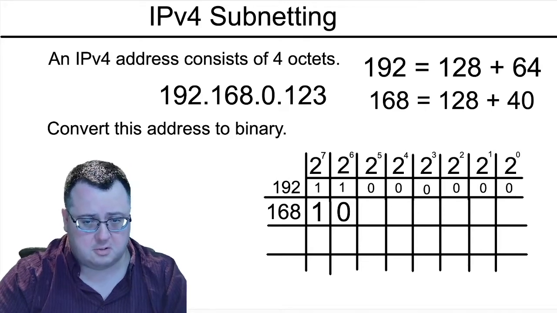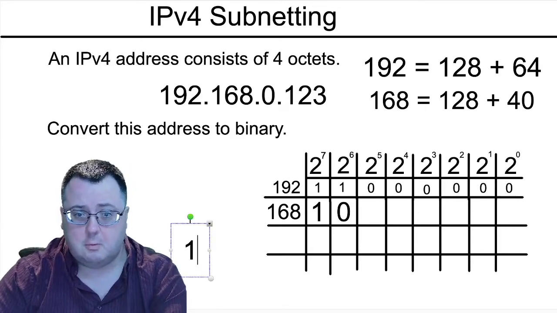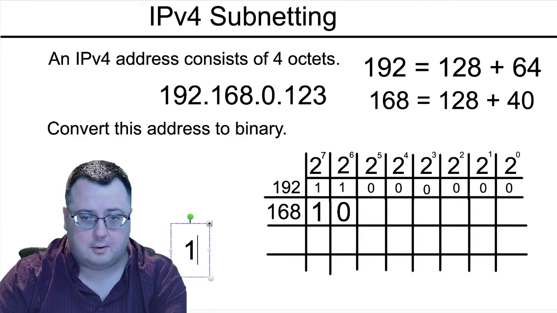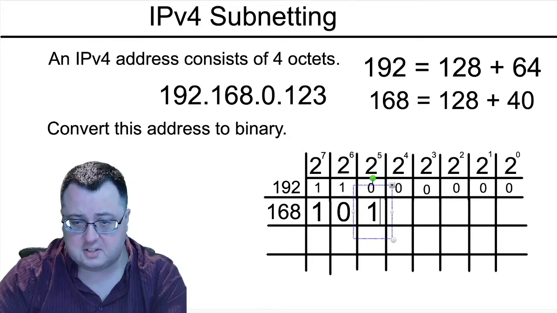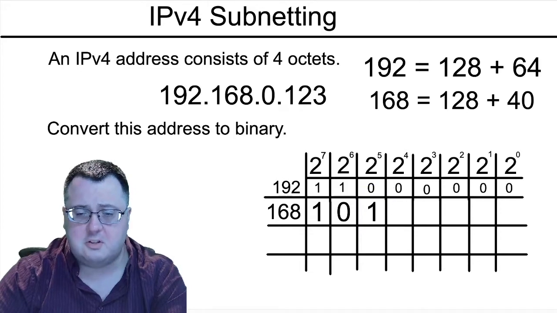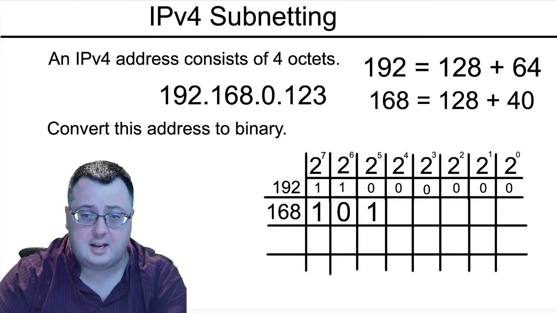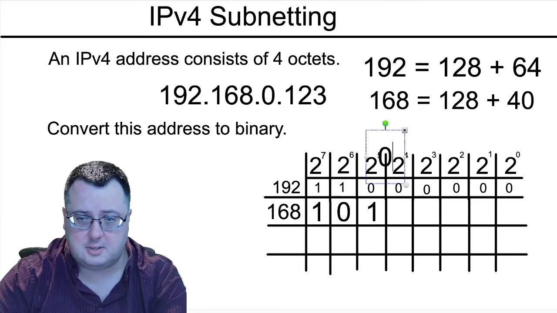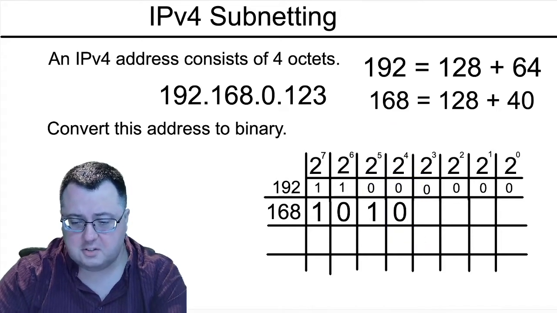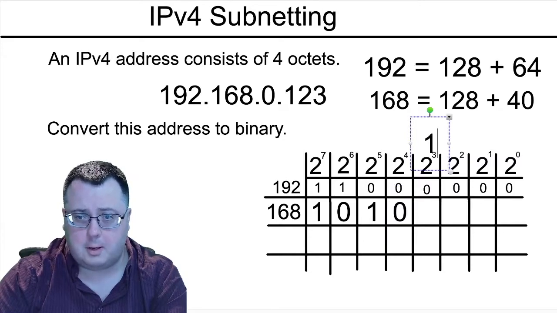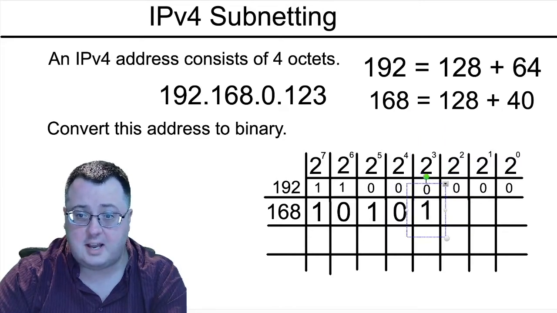So 2 to the 5 is 32. We can put in a 1 here. 2 to the 4 is 16. Well, if we use the 32 up, there's only 8 left, so that's going to be a 0. 2 to the 3 is a 1, because that's 8.